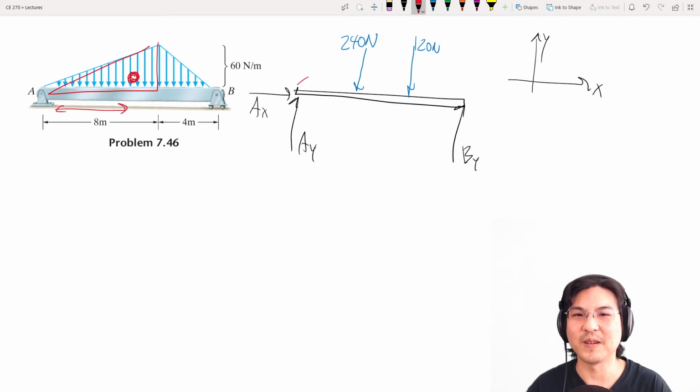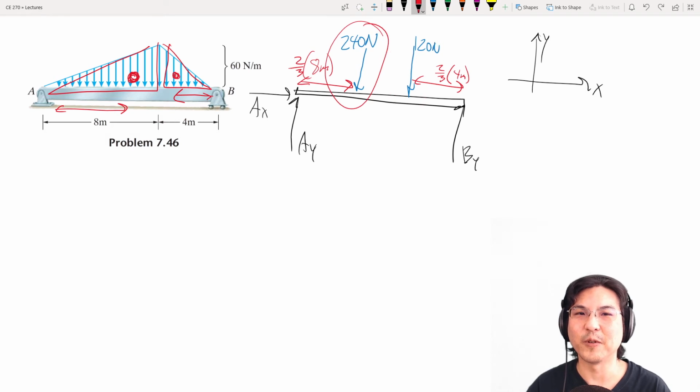Here to here is 2/3 of the way over this much. And how about this triangle? The centroid is 2/3 of the way over this way, 2/3 of 4 meters. So there you go, I represented this distributed load as these discrete forces.